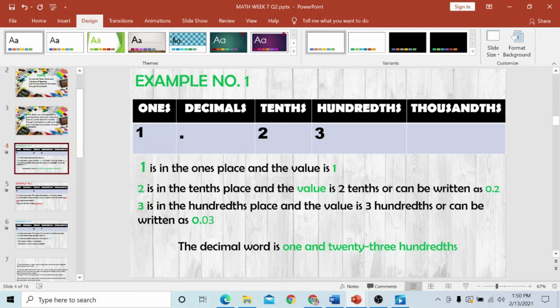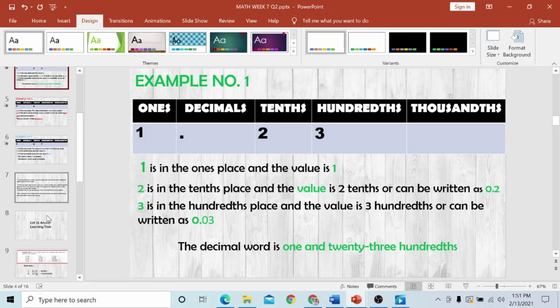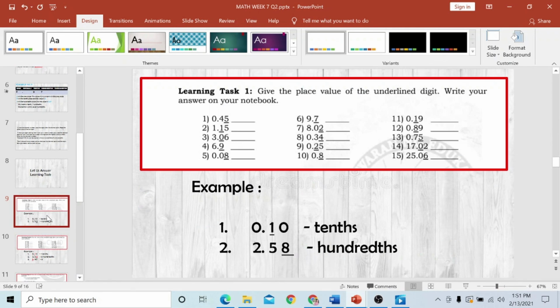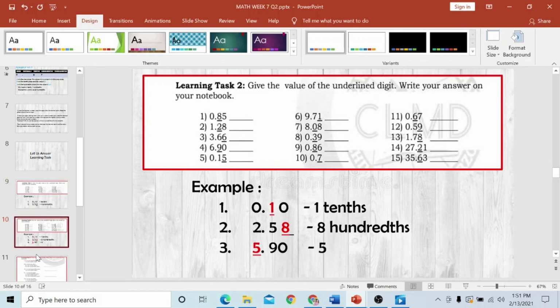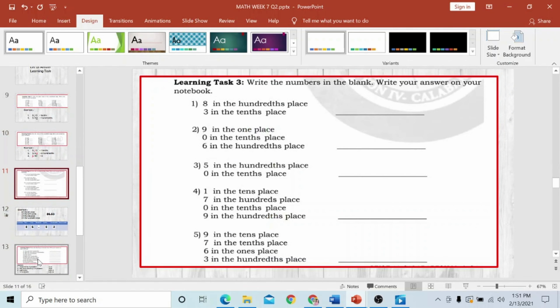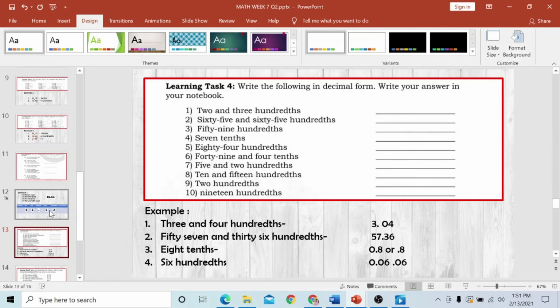And before the decimal, yung ones, tens, hundreds. Okay? Ito po yung mga learning task natin for this week. Tignan na lamang po ang mga example ng kada learning task.